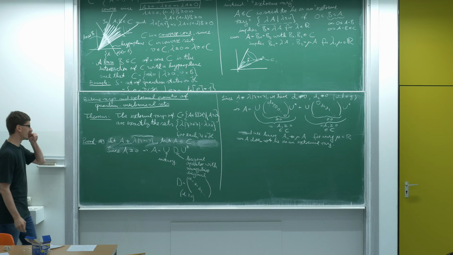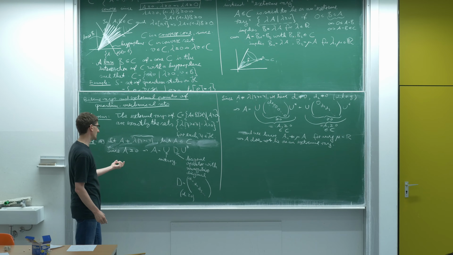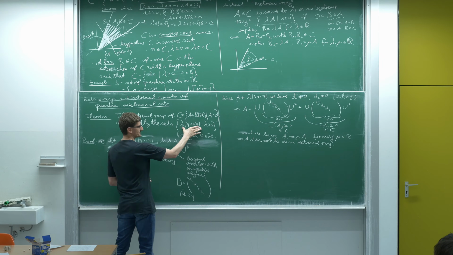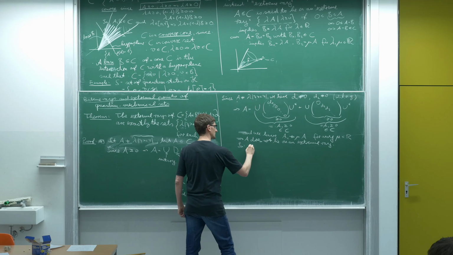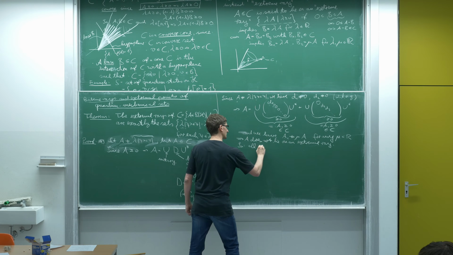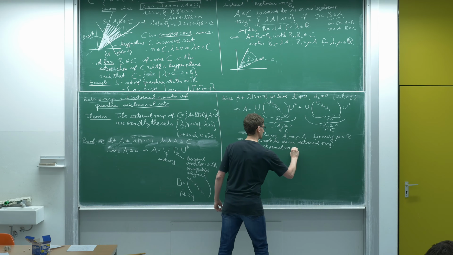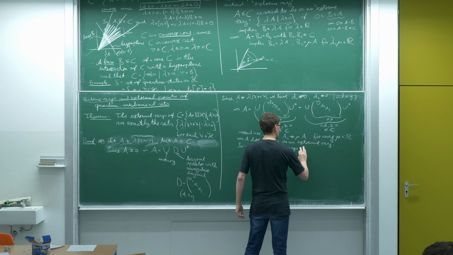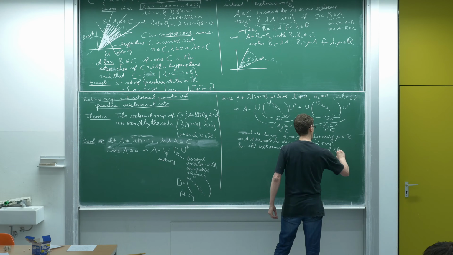So now we have shown that if A lies on an extremal ray, then it must be of this form. So we have learned that all extremal rays of C are of the form shown here.